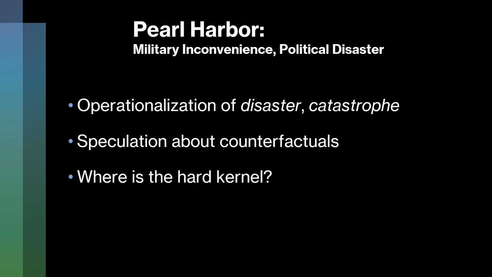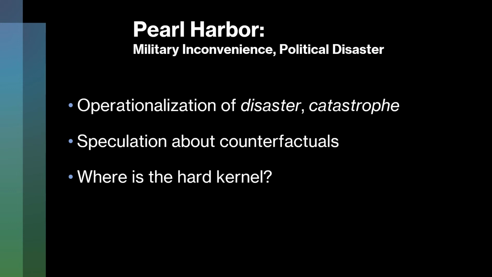This article, I think, would have been better for our purposes from a methodological point of view if he had spent more time fully operationalizing the concept of disaster or catastrophe. In the article, he sort of does it.